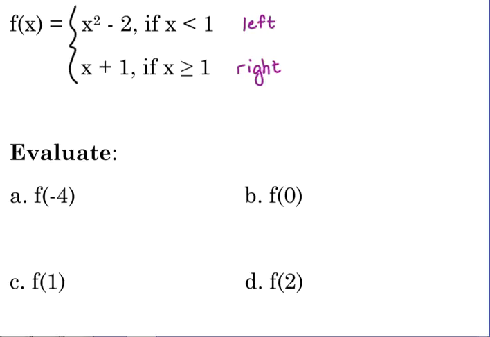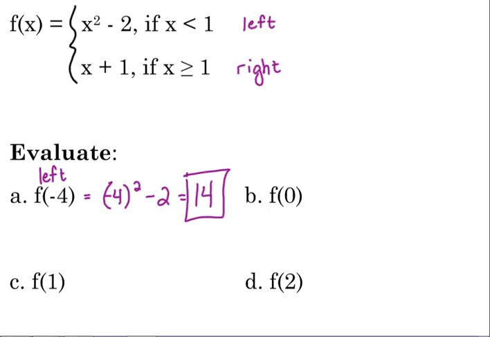Less than 1. So that means we're going to plug negative 4 into the left function. Negative 4 squared minus 2. So that's positive 16 minus 2, so we get 14. Okay, f of negative 4 is 14. It is not 14 and negative 3. We do not plug it into both pieces. We only plug it into the one where the x value fits.